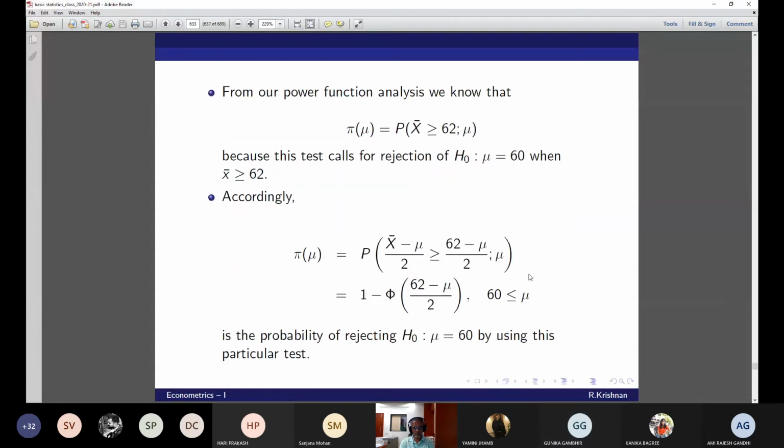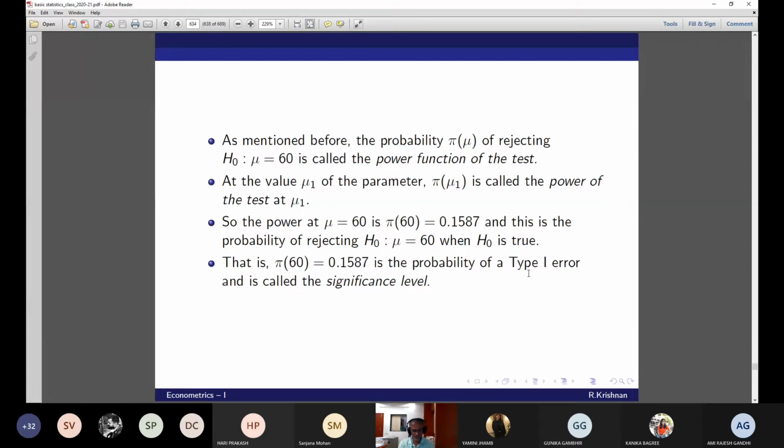That is exactly what I'm repeatedly telling you. What happens in normal practice is we fix the significance level to be 0.05. This is done by calculating using the power function.